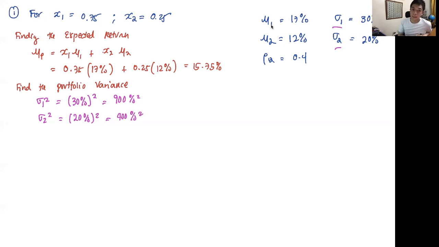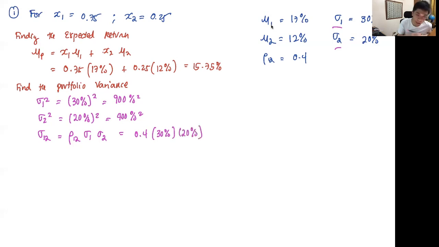Then we can calculate, of course, the covariance. The formula for the covariance, sigma 1,2, if you recall, is rho 1,2 times sigma 1 times sigma 2. We have rho 1,2 equal to 0.4, so that's 0.4 times sigma 1, which is 30%, times sigma 2, which is 20%.